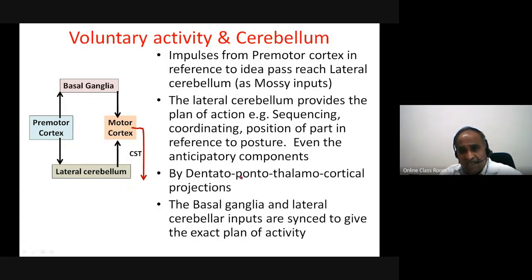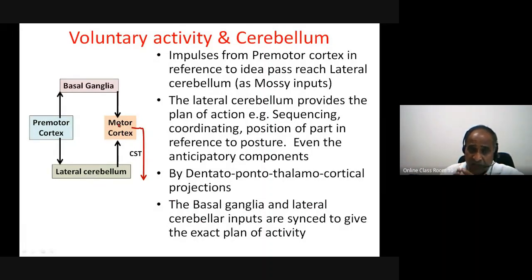Now the dentato-ponto-thalamo-cortical projections, that means the projections from the lateral cerebellum, will reach the motor cortex, and from the motor cortex it will come to the corticospinal tract, for whatever distal or proximal muscles. The motor cortex also receives input from the basal ganglia. Now the basal ganglia and lateral cerebellar inputs are sensed here.